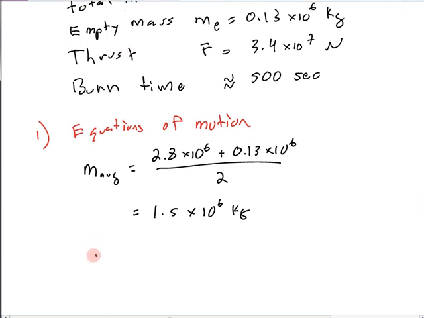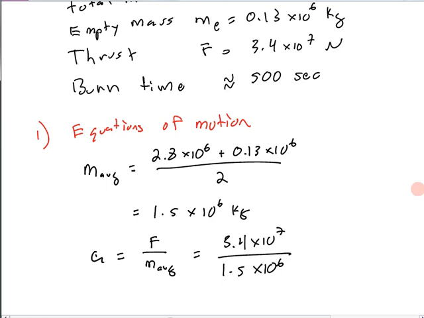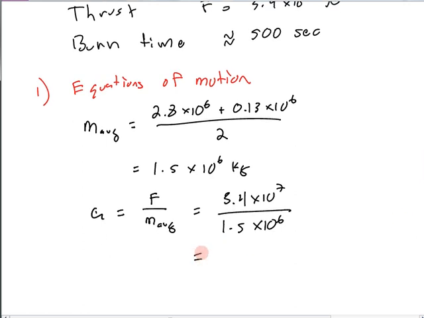We'll say that we now know the acceleration, which is going to be the force, or the thrust, divided by the mass. That's 3.4 times 10 to the 7th, divided by 1.5 times 10 to the 6th. Overall, this gives us about 24 meters per second squared.